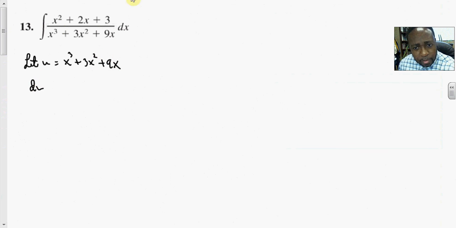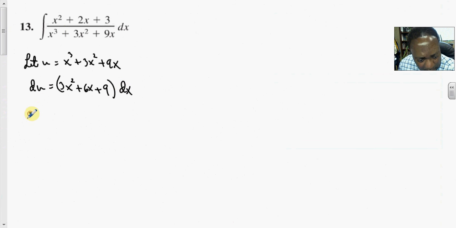So du is equal to 3x squared plus 6x plus 9, all dx. Now that numerator is that times a factor of 3. This is du. We can factor out a 3 here.